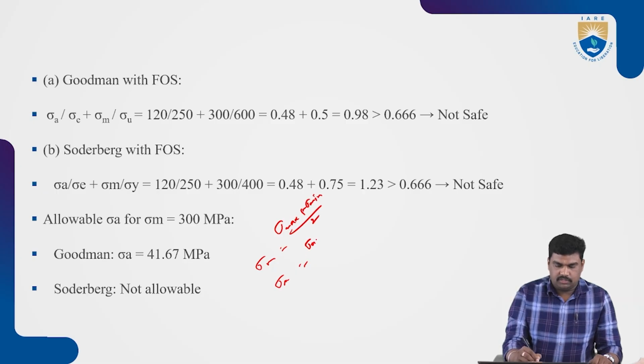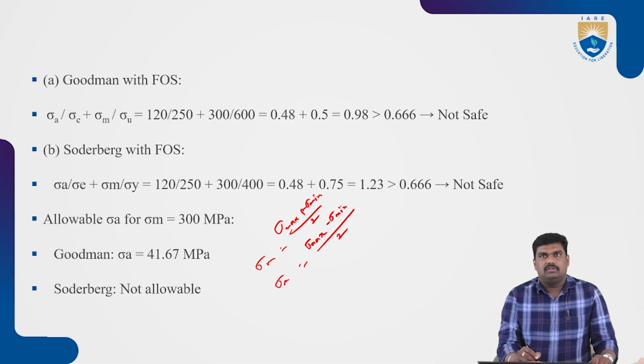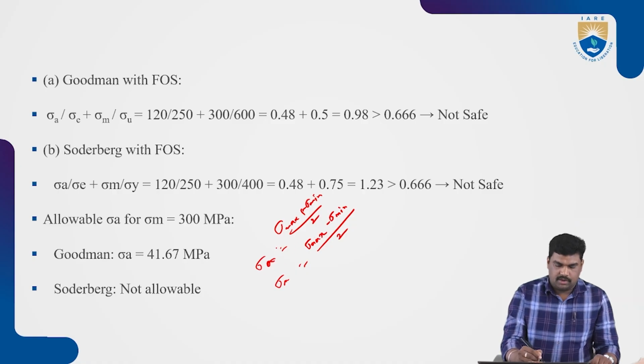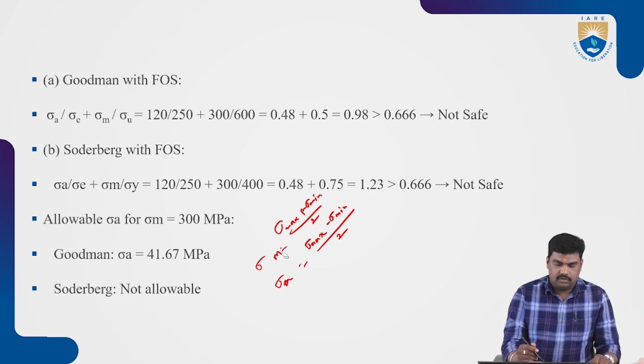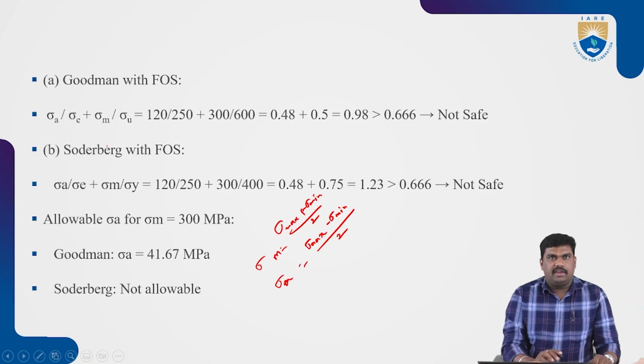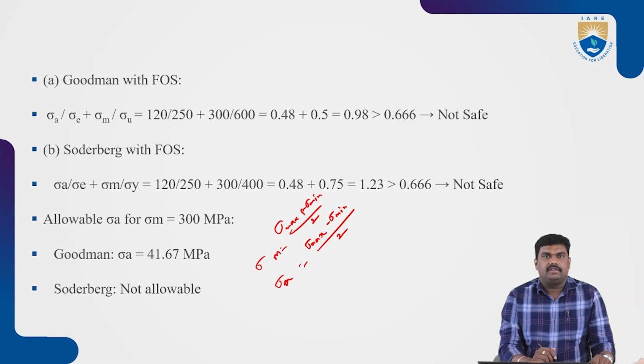Sigma amplitude is sigma max minus sigma min divided by 2. By using this, you can calculate your mean stress and your amplitude stress. Endurance limit, ultimate strength and yield point are already given.